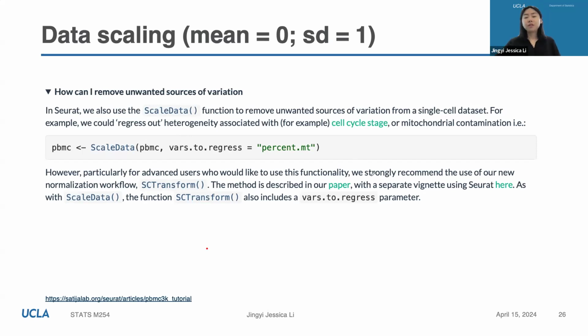The authors of Seurat strongly recommend users to use SCTransform. SCTransform uses a negative binomial generalized linear model, and then you could just include your confounders there for removal.